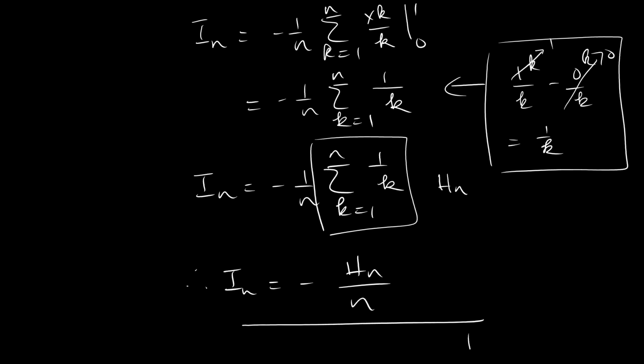That is our answer. Okay, so that's the first part, the In. Now we're going to go forward to look at the Jn, the Kn, and the Ln. So let's look at the Jn aspect of the problem.